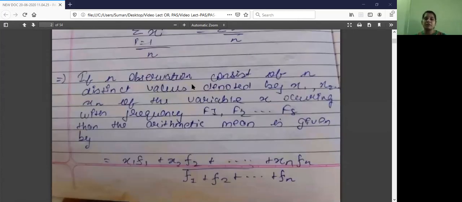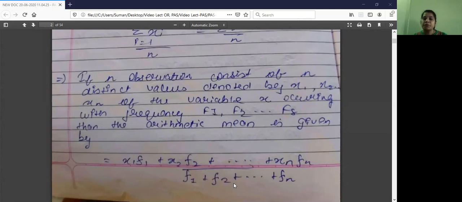If an observation consists of n distinct values x1, x2, up to xn of the variable x, occurring with frequencies f1, f2, up to fn, then the arithmetic mean is x1 multiplied by f1 plus x2 multiplied by f2 up to xn multiplied by fn, whole divided by the sum of the frequencies, f1 plus f2 up to fn.